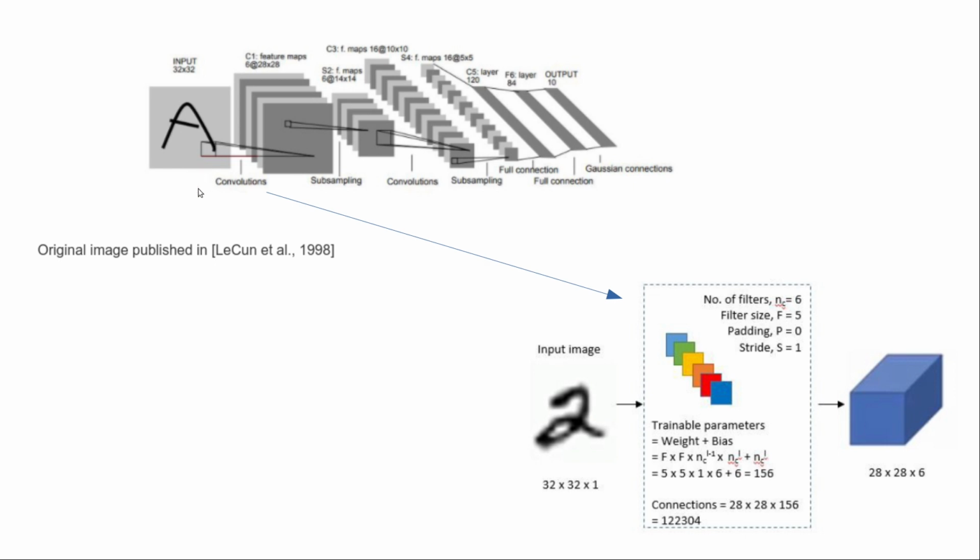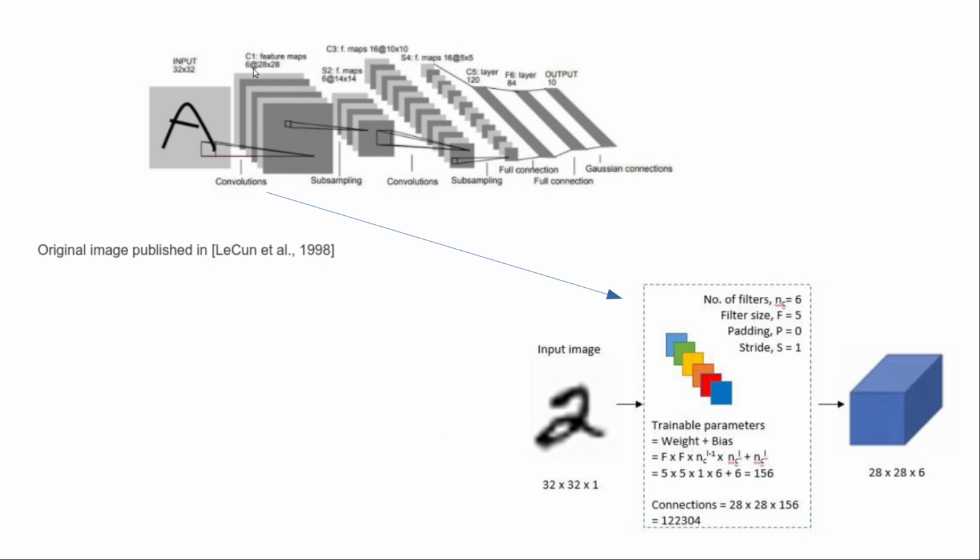So at this input level, LeNet takes a 32 by 32 grayscale image, and it passes through the first convolution layer with 6 feature maps or 6 filters having a size of 5 by 5 and a stride of 1. The image dimension after this convolution layer changes to 28 by 28 by 6.